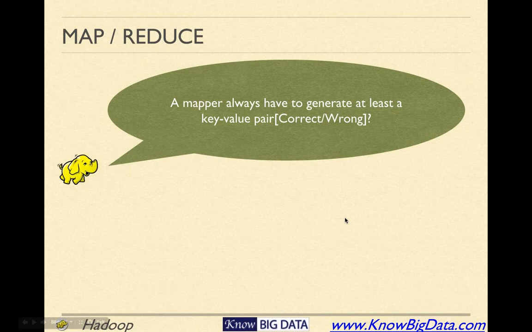Do you think a mapper is bound to give at least one key value pair, or can the mapper choose to generate no key at all? Is the mapper forced to give at least one key? Correct or wrong?